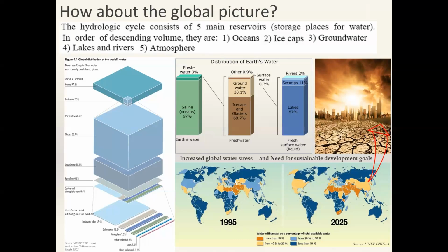Now, climate change, as I said, climate change and urbanization can have serious impact for the balance of the groundwater resource. For example, in many arid countries, they depend on groundwater resource to meet their demand.